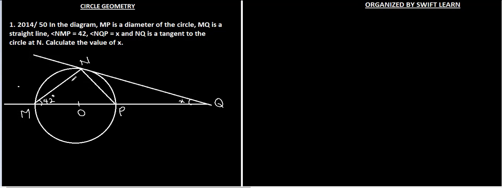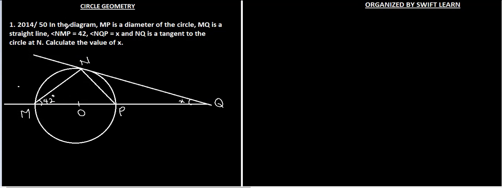So look at this question. This is number 1 question for this class, 2014, question 50, a WAEC question. In the diagram, MP is the diameter of the circle, MQ is a straight line. Now NMP is 42 degrees.